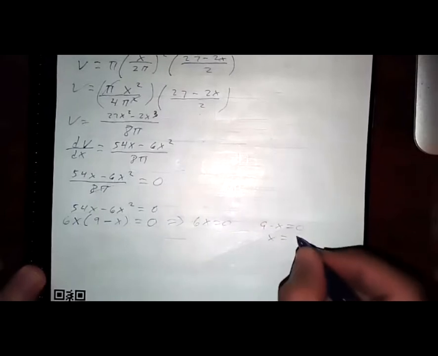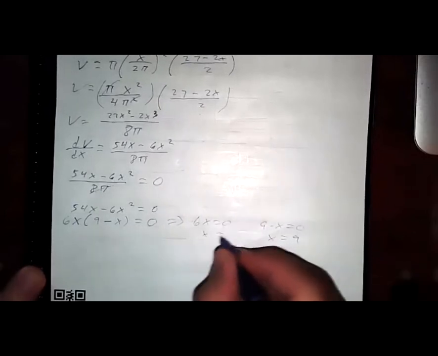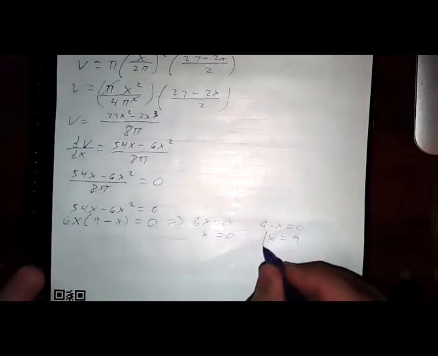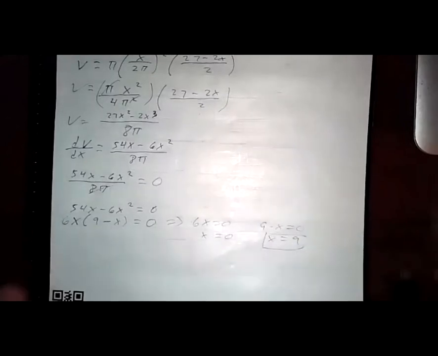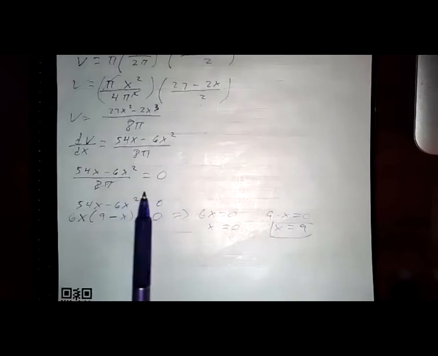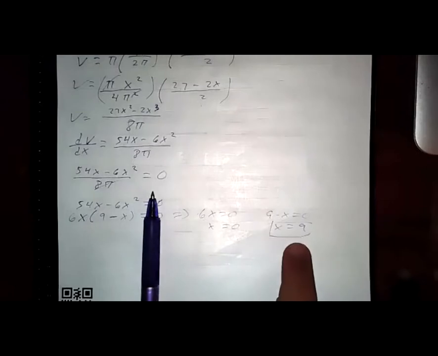So x is 9, right? And x is 0. So there are my critical points. Two critical points, but this one represents what? Right, this maximizes the volume.